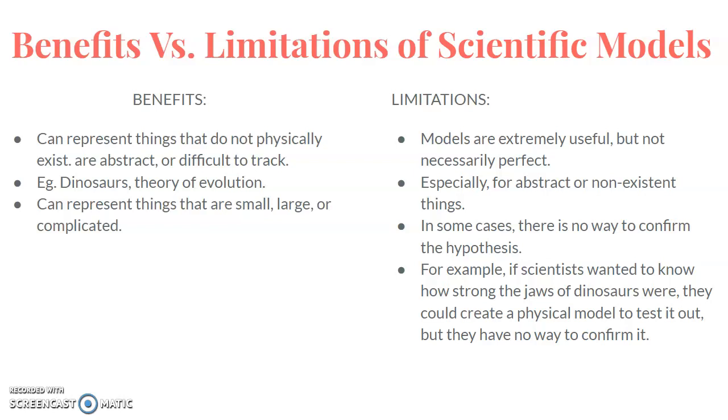Now, when you look under the limitations, you will see that models are extremely useful, but not always perfect. For example, especially if you're looking at abstract or non-existent things. Now, let's look back at the dinosaur example. It's great that we have models, especially those that depict dinosaurs, because we have no way of actually seeing them, right?